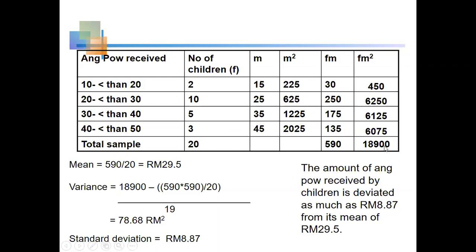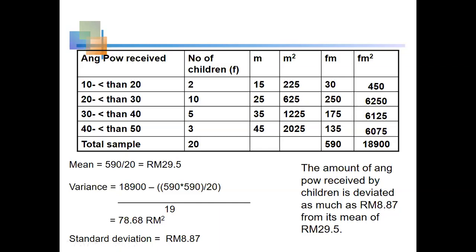Then you total it up, and it will give 18,900. So your mean will be sum of fm divided by sum of f, your sample size. So 590 divided by 20 gives 29.5. That is your mean.